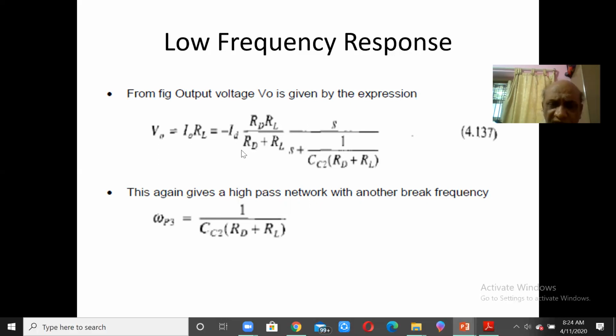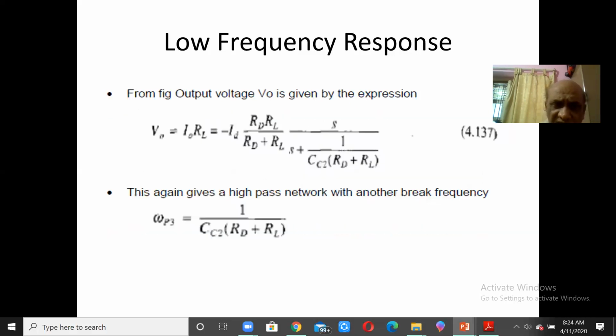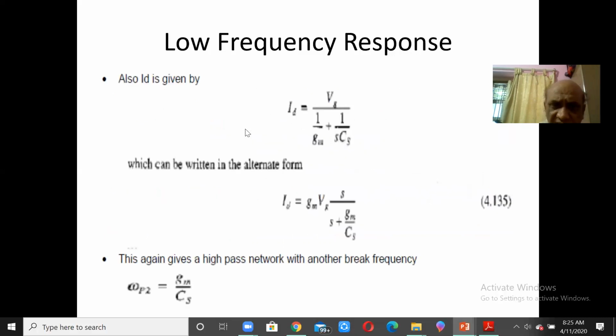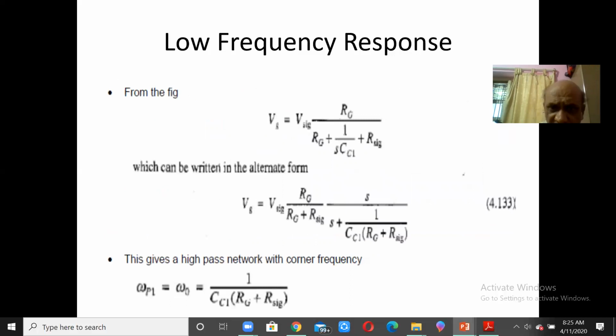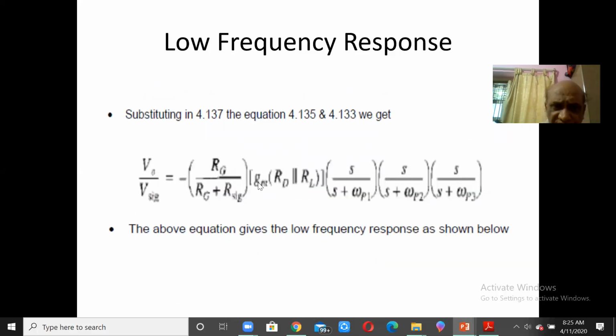So we can substitute in 4.137 in this expression we have ID, and the ID value can be substituted from here, and further the VG value can be substituted from here, and we will get the expression like this.